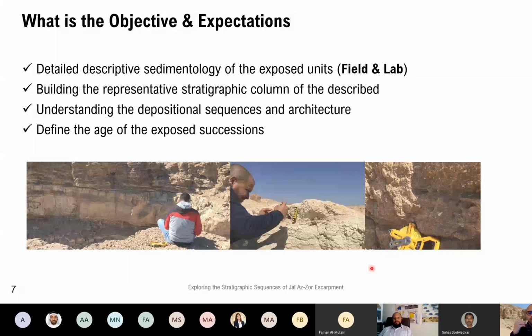If we can at minimum identify one of these units as an age marker, we can unlock the puzzle of the age variance from the subsurface to the surface. So this work will also benefit the subsurface rocks that we are exploring in the area.